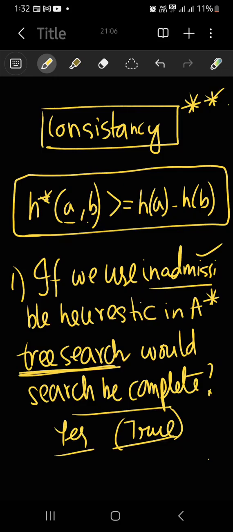Okay, now tell me, what happens if we use an inadmissible heuristic in graph search?